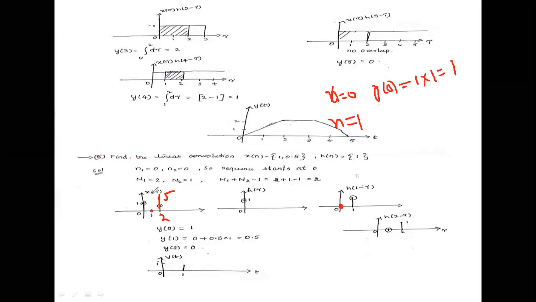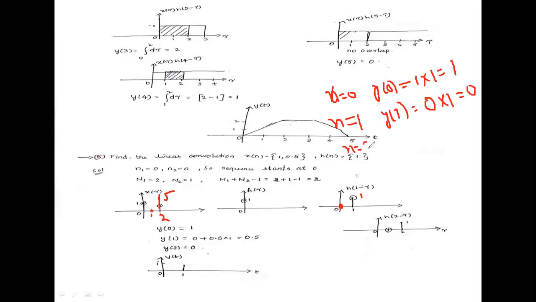X of tau is the same. The value of x at 1 is 0, and the value of h after shifting one sample to the right is 1. 0 into 1 is 0.